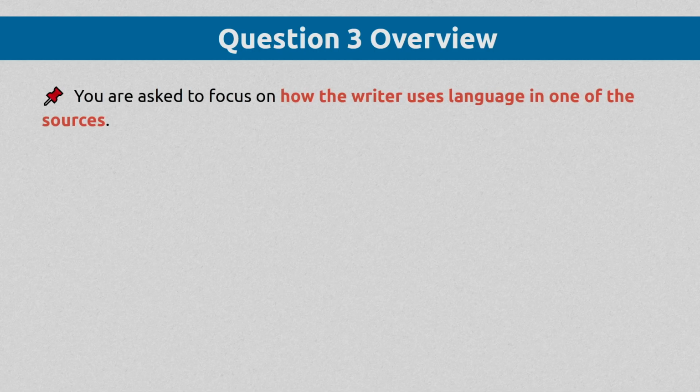So what exactly does question 3 ask you to do? You're asked to focus on how the writer uses language in one of the sources. Now this question is very similar to question 2 of Language Paper 1, which also asks you to focus on the language. A difference, however, is that this question is worth 12 marks, as opposed to the 8 marks available for question 2 on paper 1.